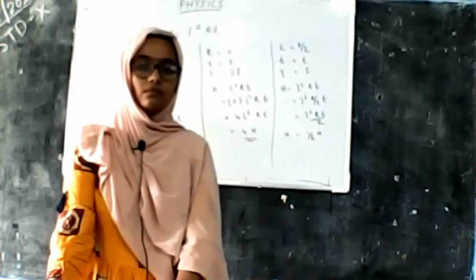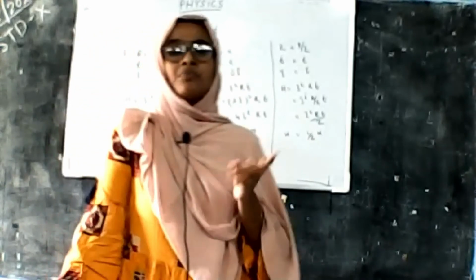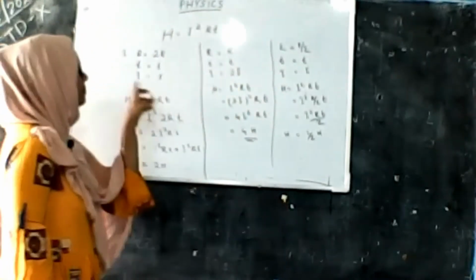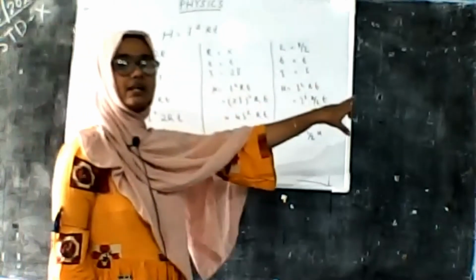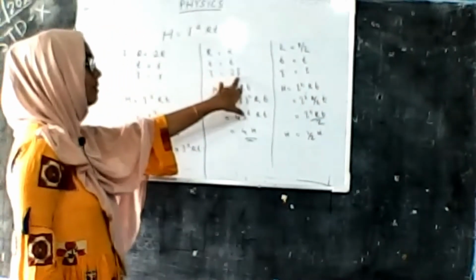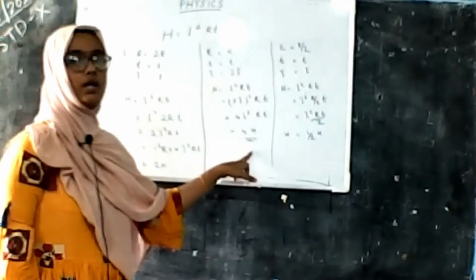Okay, now we have to calculate the heat change here. We are applying different amounts of current in these 3 cases. In the second case, we give more current, so we got more heat energy.